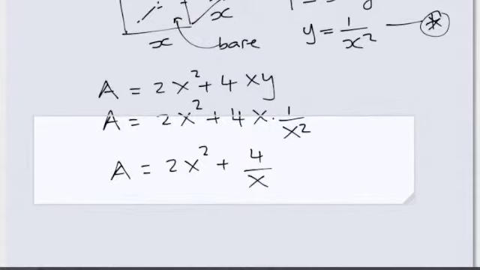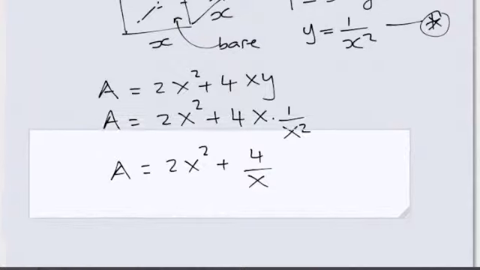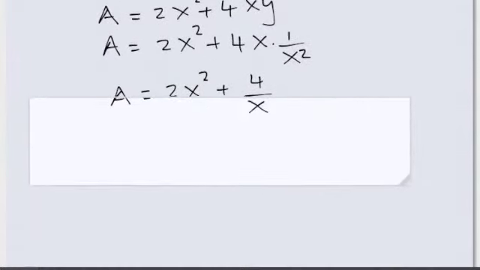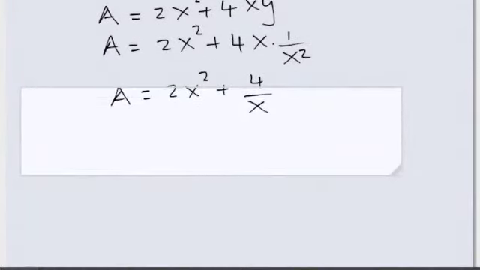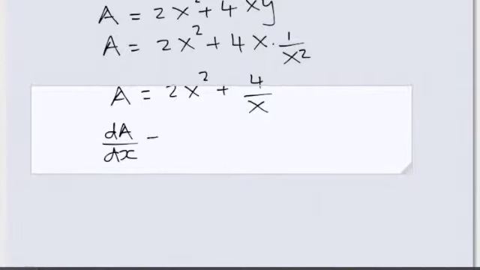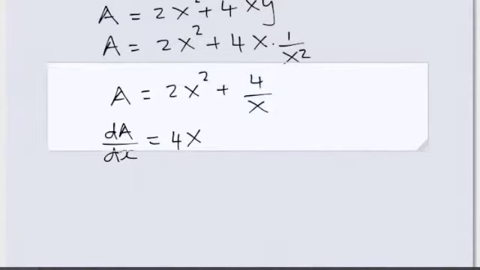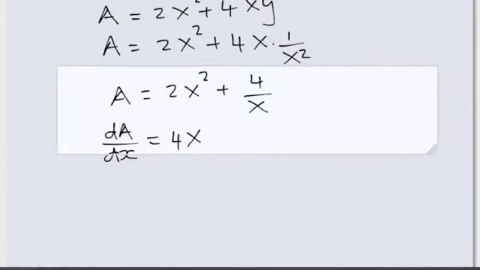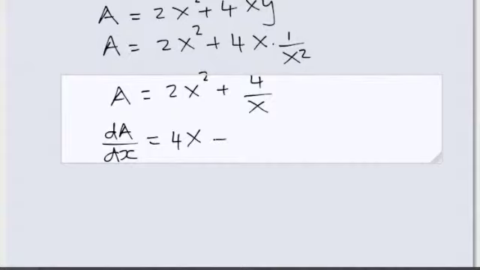Here we are interested in minimizing A, so we will find dA/dx, minimizing A with respect to the dimensions of the box. So dA/dx is 4x as the derivative of 2x squared, minus 4x raised to the power minus 2 as the derivative of 4 on x.